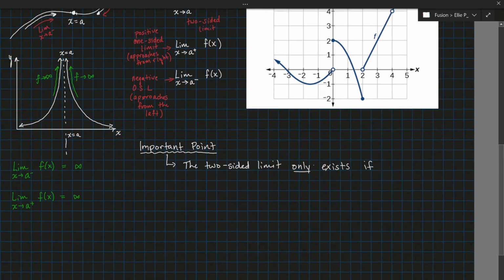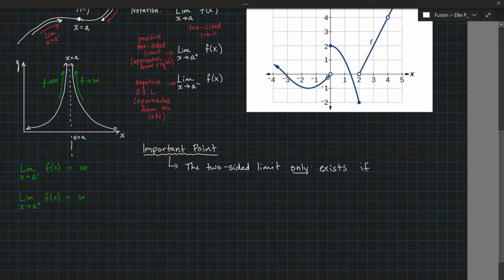What do you think is the required condition for it to exist? It's like symmetrical? Yeah, exactly. It only exists if the negative and the positive one-sided limits are equal, if they approach the same point. Good.